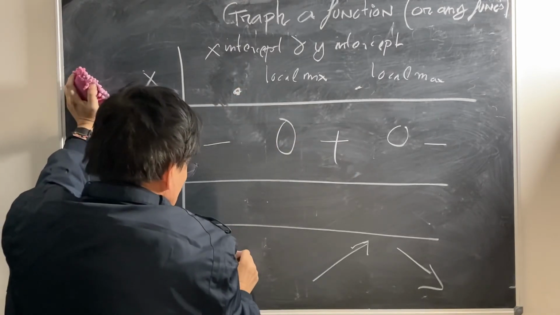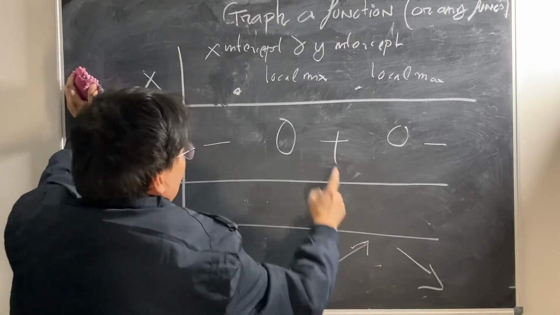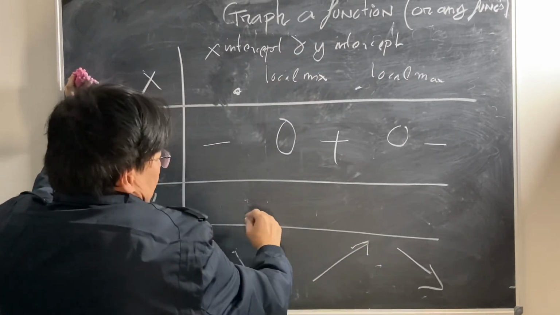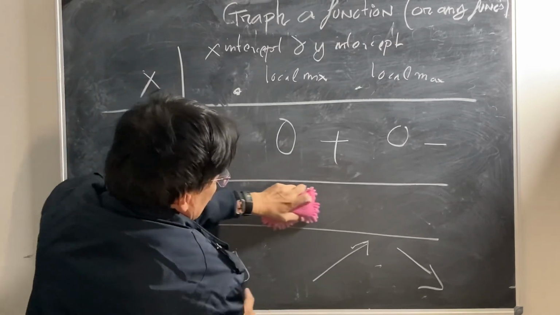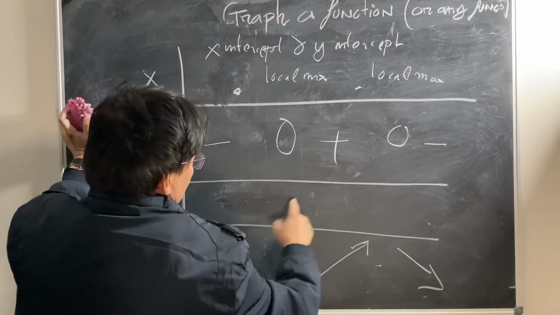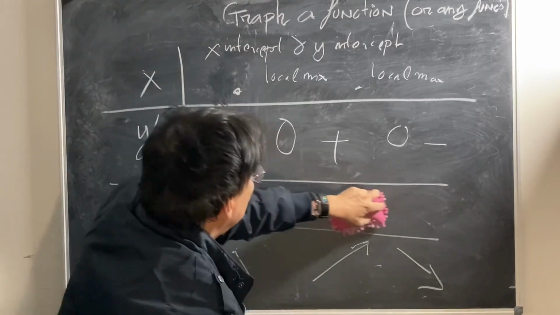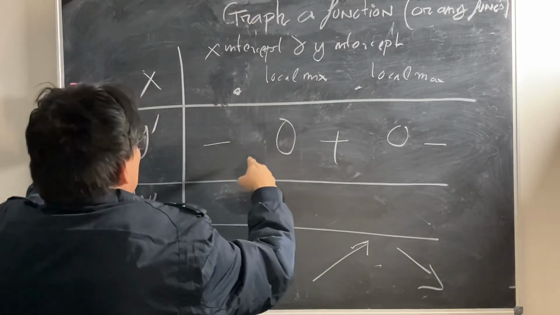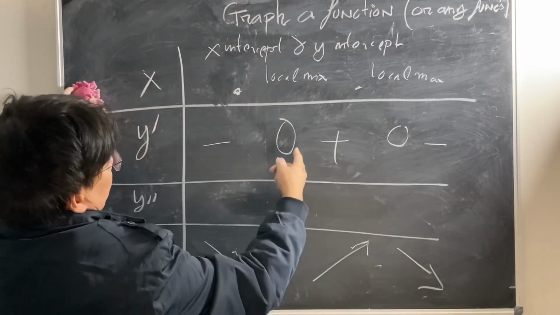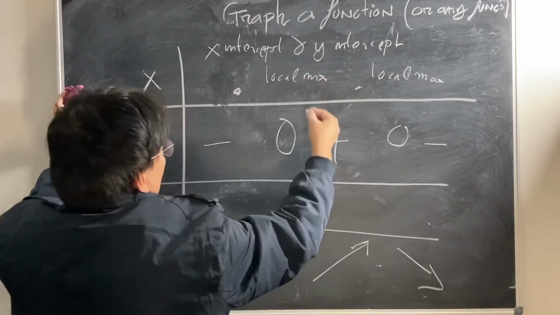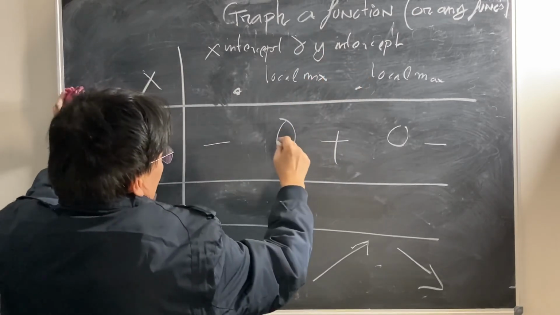After that you can find y second prime, so you know where the graph is concave up or concave down. And finally, if the function has an asymptote, you have to draw the asymptote.